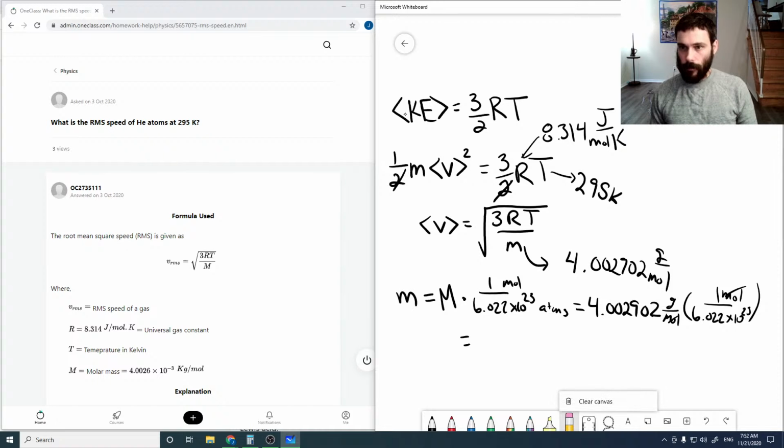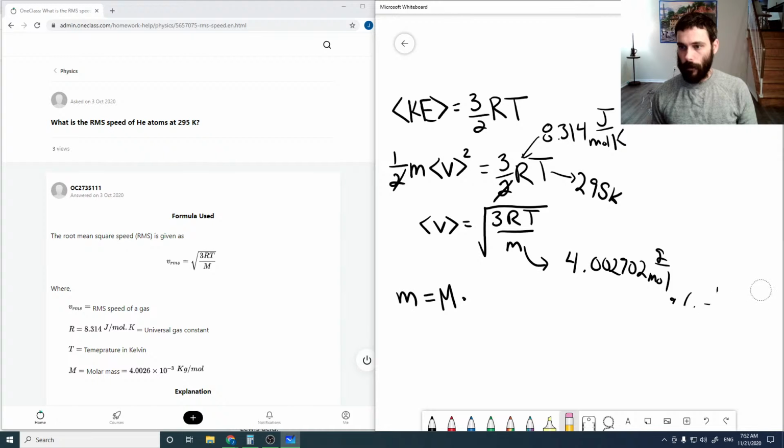I got carried away there. Since that's already in joules per mole Kelvin, we actually don't need to remove the mole. That's my mistake here. All right. But what we do need is, because joules are kilograms meters squared per second squared, we do need this in kilograms.